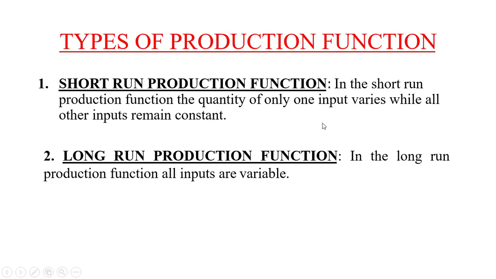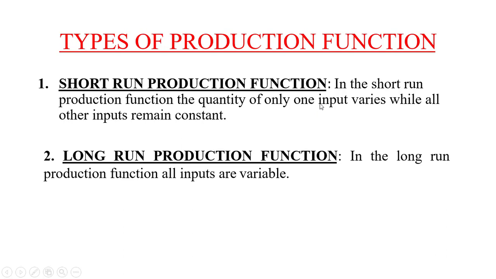If you are changing the input of one variable, now instead of two laborers you are taking three laborers, okay, that does not mean that you will change the capital also. What I am trying to say is only one input varies.